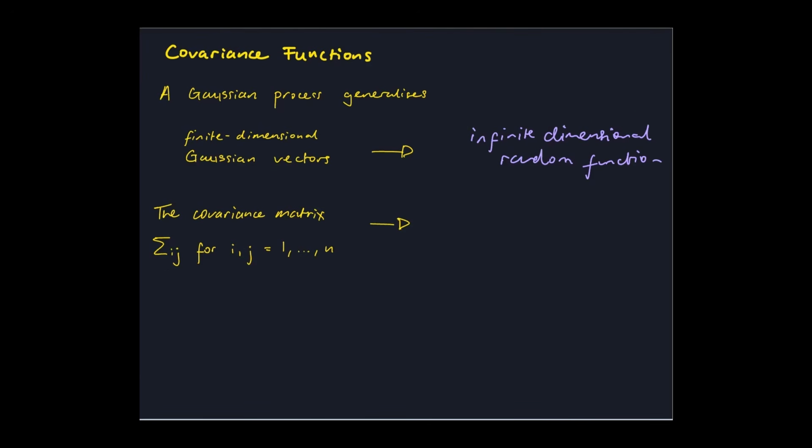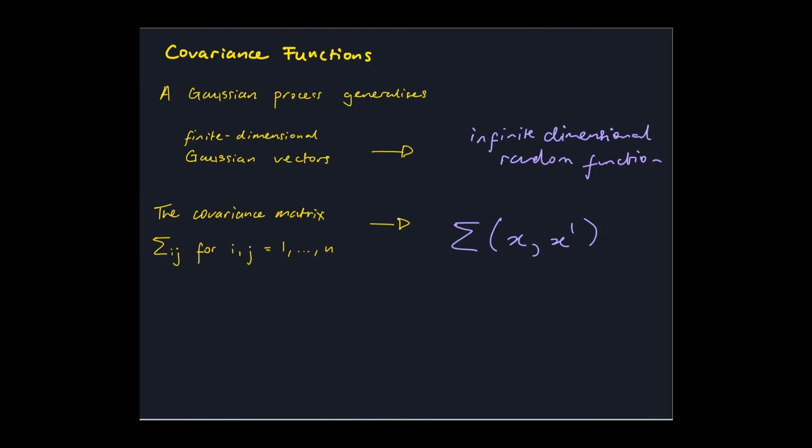A Gaussian random vector is described by a covariance matrix, and a Gaussian process is described by what we call the covariance function, which tells us, at two different inputs, what the covariance is between the function at those inputs.